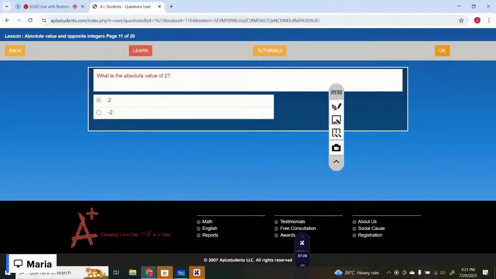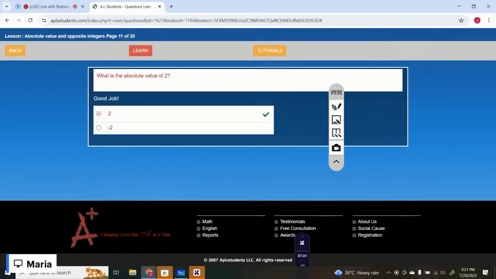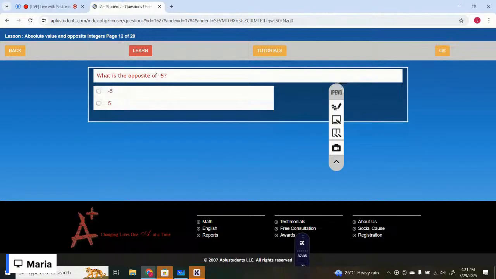Option number 1 is the correct option. What is the absolute value of negative 5? So absolute value of negative 5 is positive 5. Option number 2 is the correct option. Okay, complete the lesson by yourself later today. Let me just move on to the next lesson.